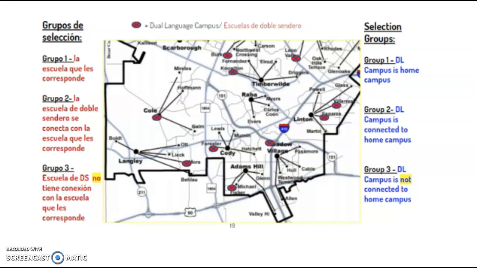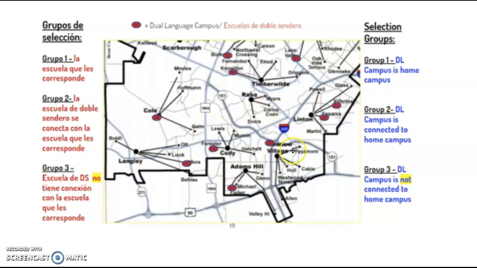For example, we have Knowlton, which is our dual language campus. According to your home address, if your child belongs to Knowlton, then you will fall under Group 1. If your home campus happens to be Fernandez, Elrod, or Timberwild, then you will fall under Group 2 since it is still in the Knowlton cluster.